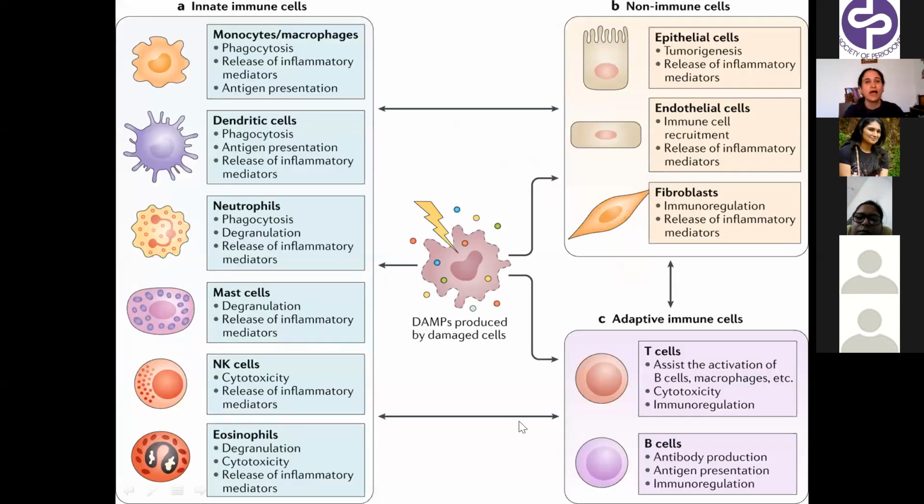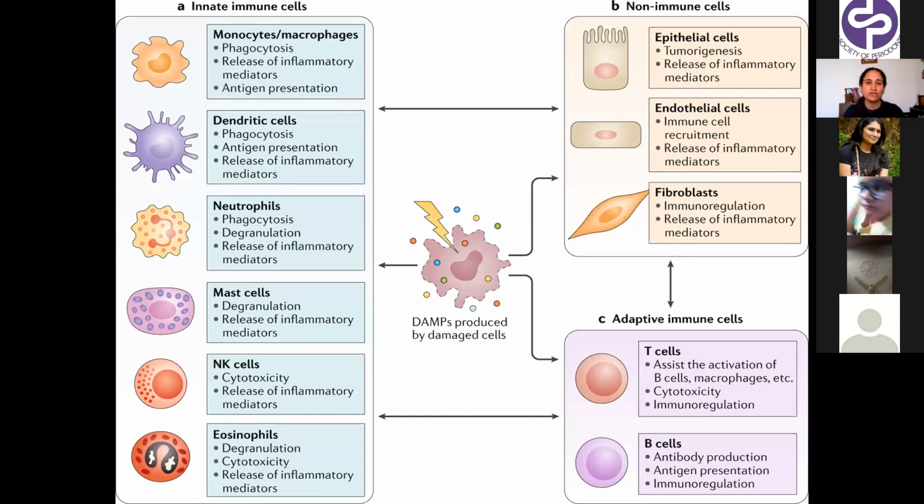If we look at the actions of each, now you need to understand two things: DAMP and PAMP. DAMP is damage-associated molecular patterns, and PAMP is pathogen-associated molecular patterns. These are two things which are a threat to the body. Damage-associated molecular patterns can also be seen in cells which are dying and producing some antigens which need to be cared for, because these are damaged cells.